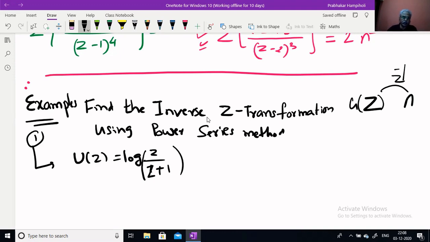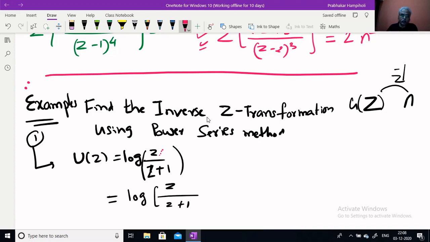For this, the same thing can be written as log of z upon z plus 1.